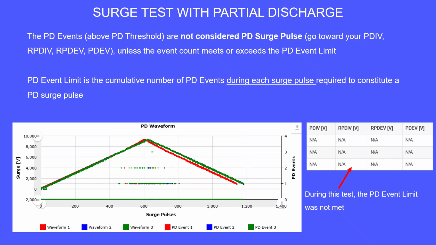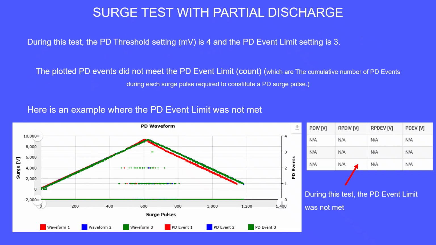During this test, the PD threshold setting, mV, is 4 and the PD event limit setting is 3. The plotted PD events did not meet the PD event limit, count, which is the cumulative number of PD events during each surge pulse required to constitute a PD surge pulse.